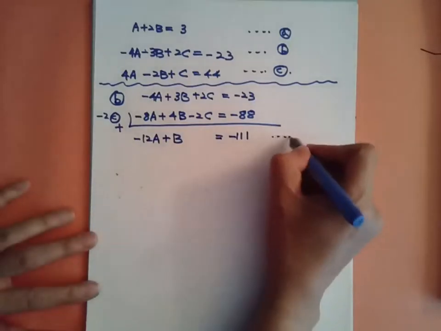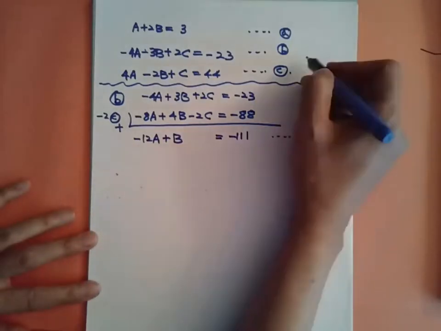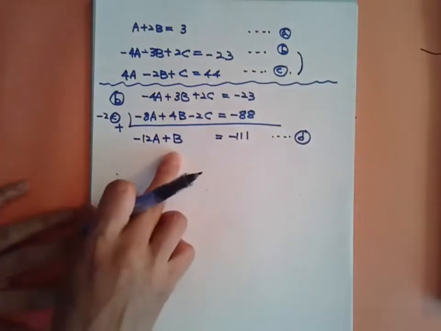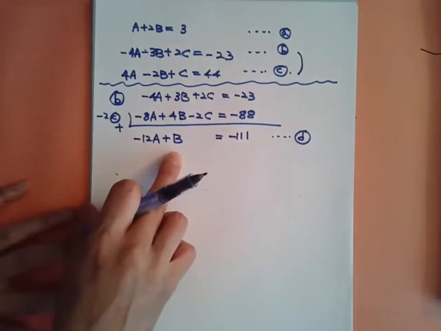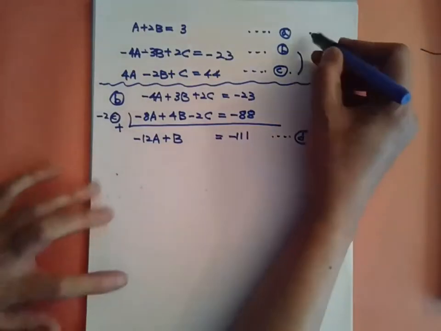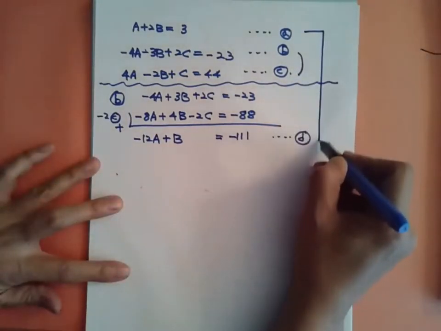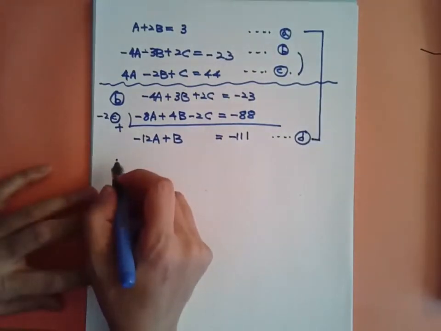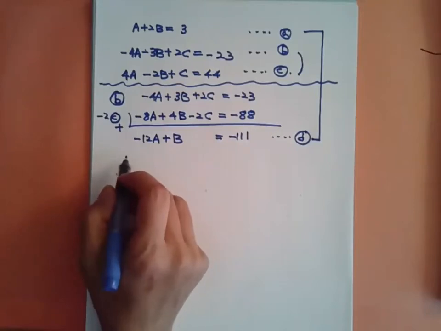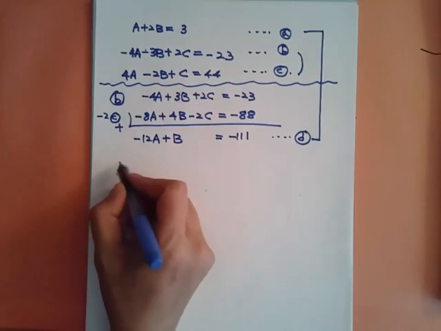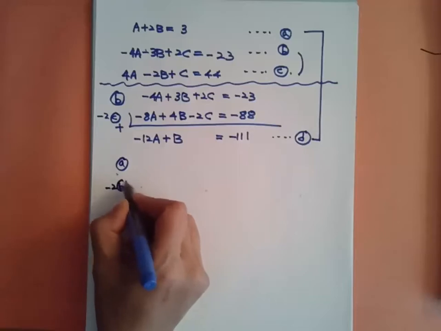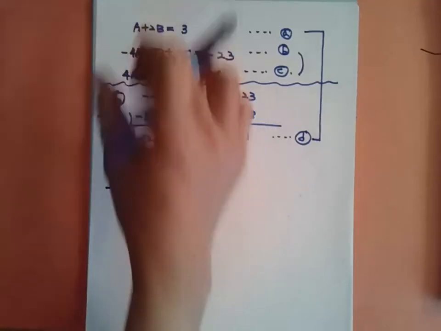Let's say this is D. So we combined B and C and we got the equation which consists of a and b. Now we can combine A and D. We want to think about A and minus 2b to make b equal.